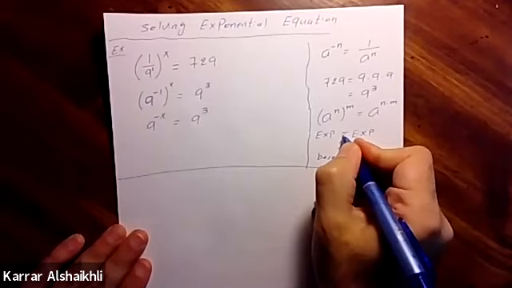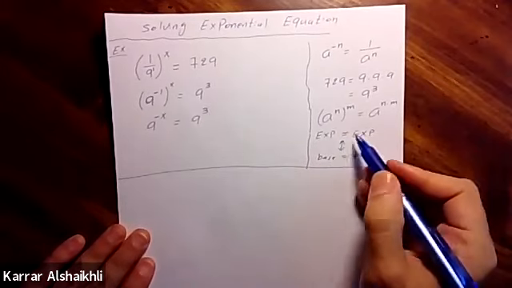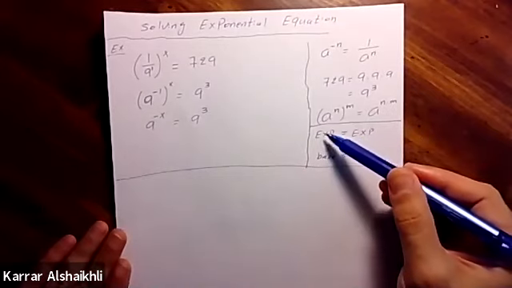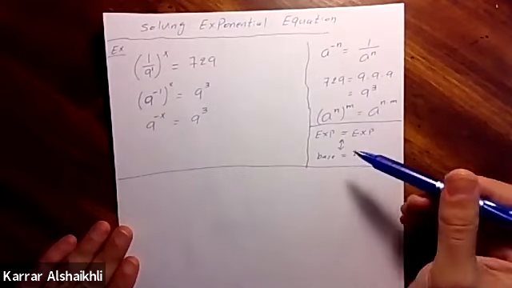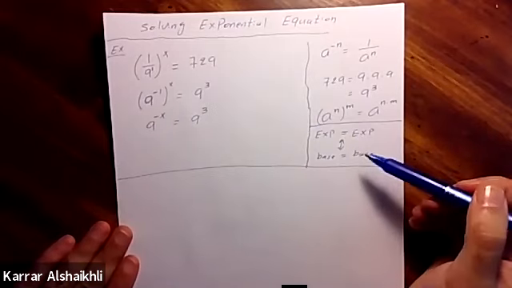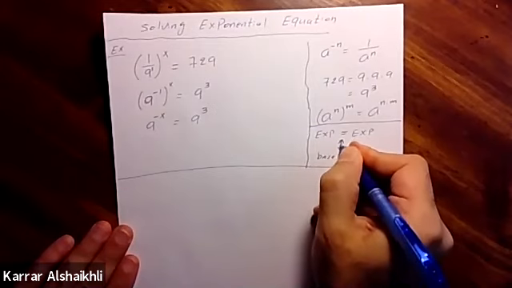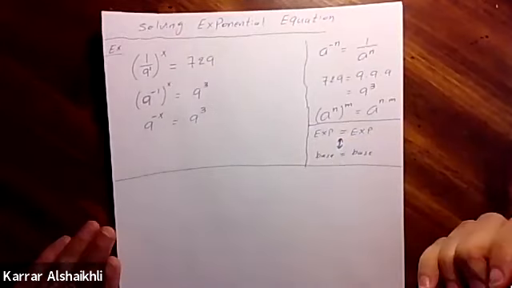The same thing, if you have equal bases, that means you have equal exponents. This rule is really important. If you have equal exponents, that means you have equal bases. If you have equal bases, that means you have equal exponents. That's why I write this arrow. You can use it both ways.